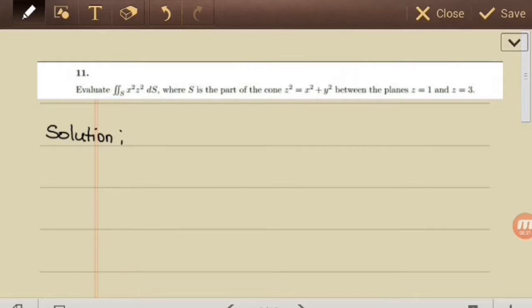The way we go about this, we're given this function here, and we're told that it is between these two planes. That's fine. So we know our integral in terms of z is going from z equal to 1 to 3.